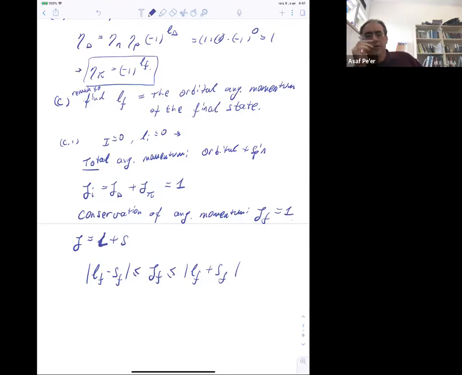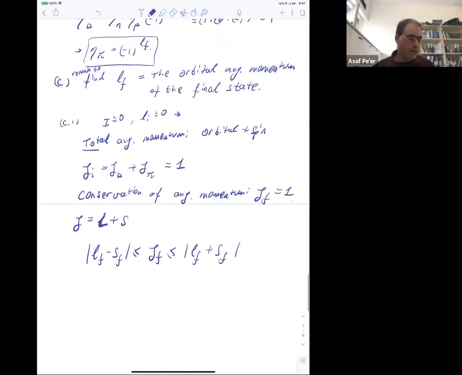Have you studied addition of angular momentum? Please raise your hand if you have not seen this before. Nobody is raising their hands, so I will assume that you have seen that, which is quite good.